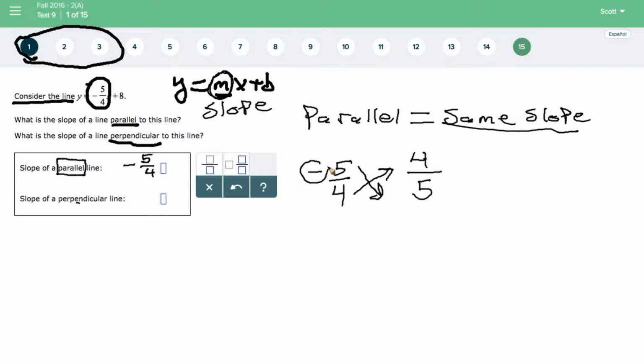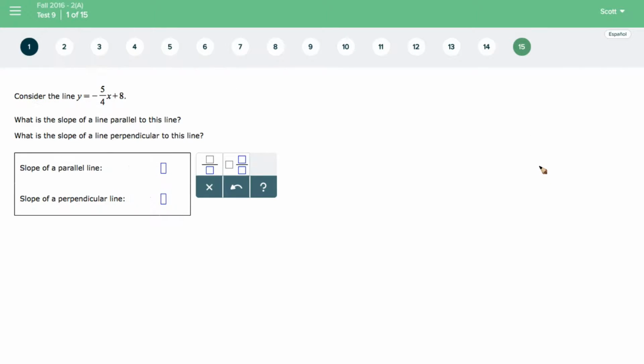Right here it's a negative, so we're going to leave that as a positive. So that answer is 4 over 5. One of them always has to be negative, and one of them always has to be positive. If this one right here is a positive, then we'd make that one a negative. Okay, so it gives you an idea of where to start. That's number 1.